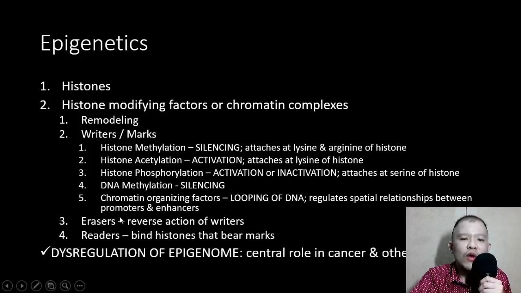And when you have chromatin organizing factors as your histone modifying factors, it causes the looping of DNA, thereby regulating spatial relationships between promoters and enhancers. We also have erasers and readers.